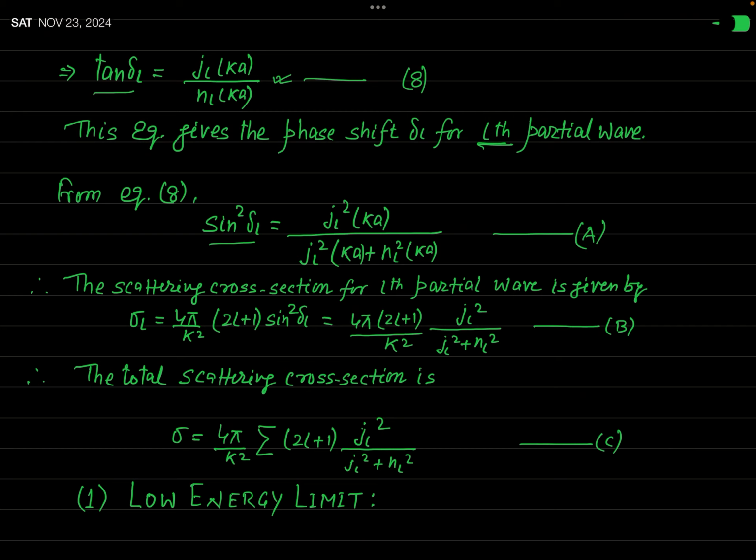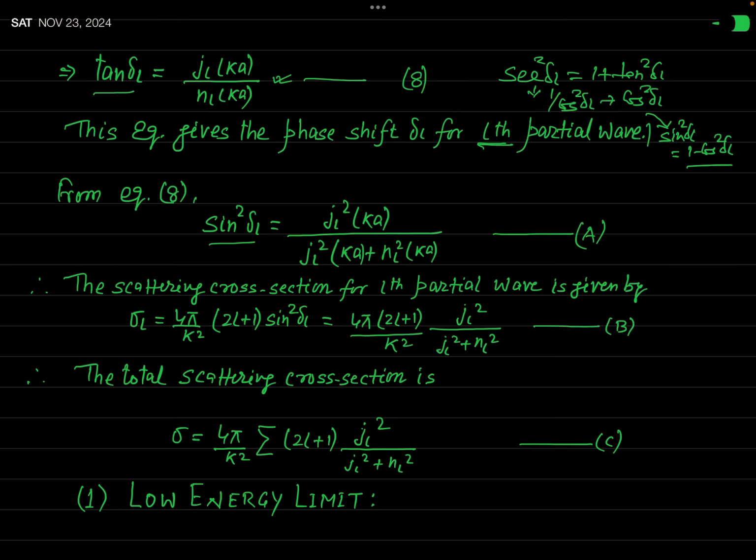If you know tan delta L, we can find sec square delta L, which is equal to 1 plus tan square delta L. And sec square delta L is 1 over cos square delta L. So you can obtain cos square delta L, and once you know it, it is easy to find sine square delta L, which is 1 minus cos square delta L. I have not done this elementary mathematics here.